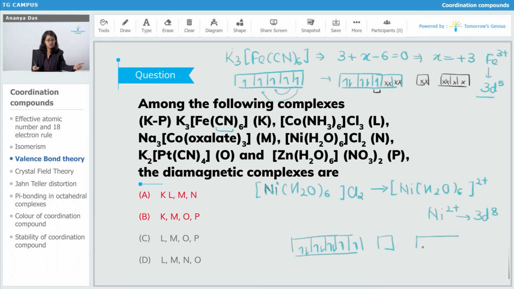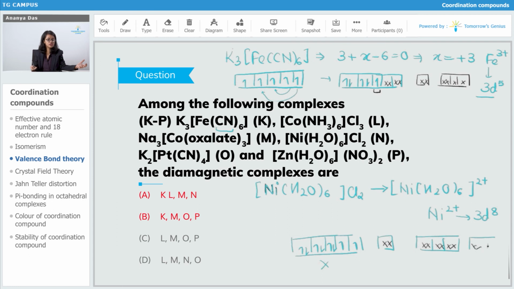This is an octahedral complex, you can see that. So we need at least 2 empty orbitals in the d subshell. Even if we pair up, that is not going to happen. So pairing does not take place and the electrons of the H2O come into the other empty orbitals, that is s, p3 and d2.